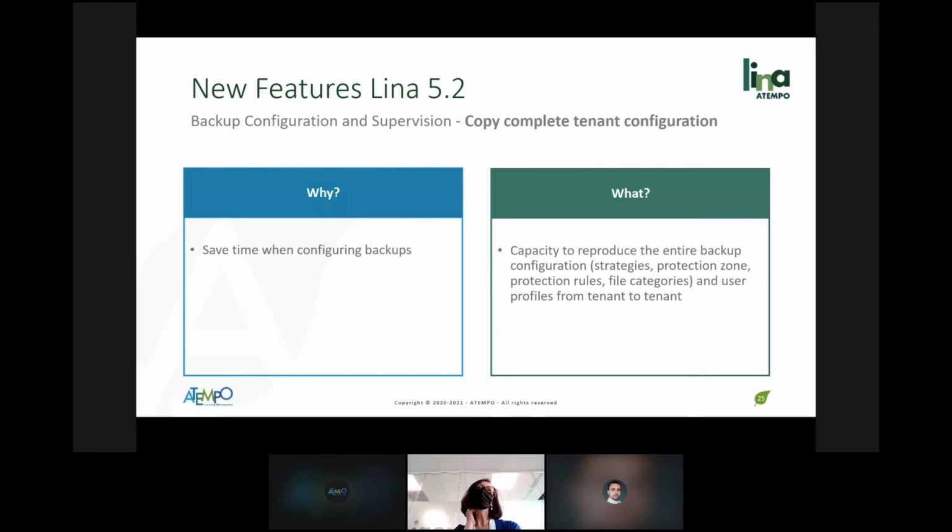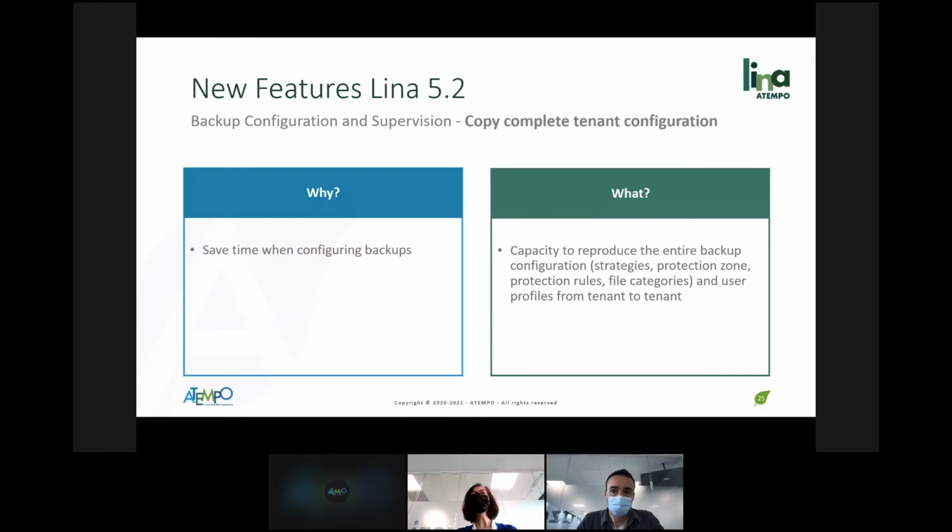Another way we try to make your life easier is to allow the copy of the complete tenant configuration. This way, if you have a tenant for which the configuration is really perfect for your use, then you can just duplicate that configuration in one shot.